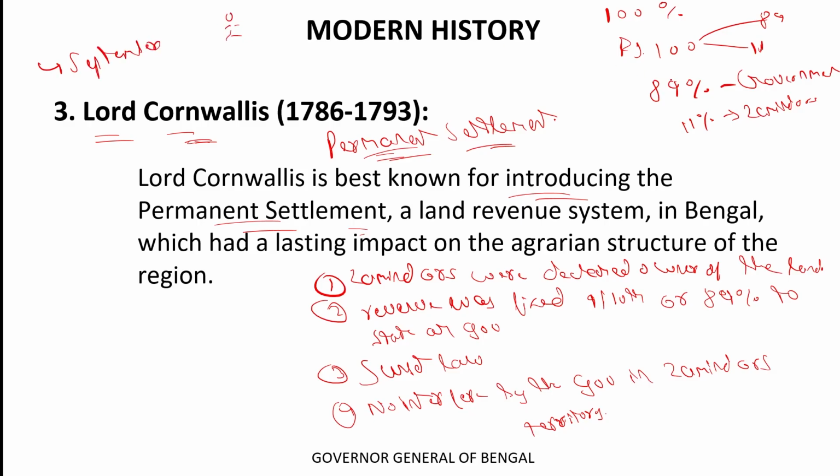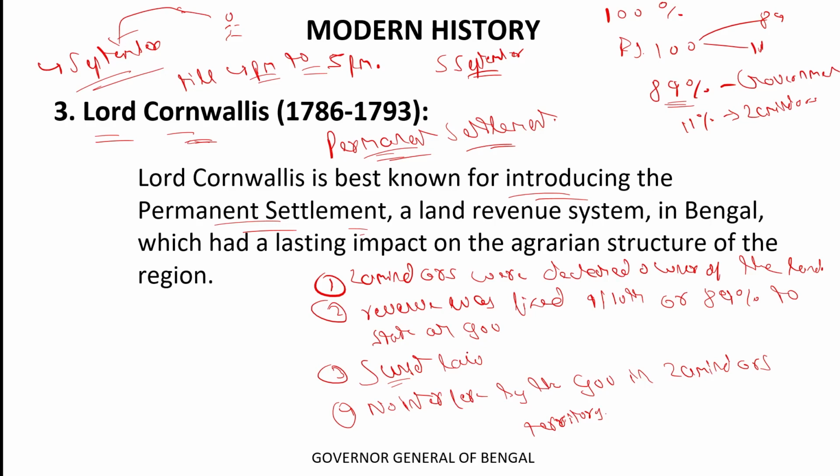The zamindar had to submit his 89% of collection to the government on 4 September, before the sunset, nearly 4 p.m. to 5 p.m. If he failed to submit it before then, on 5 September, the next day, his property would be auctioned to recover the money. Got it? That was the sunset law.